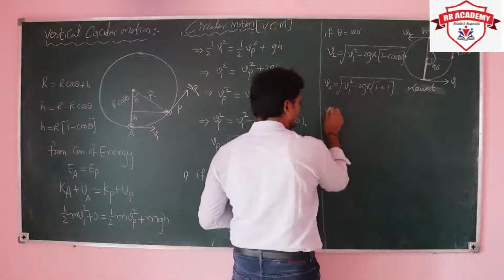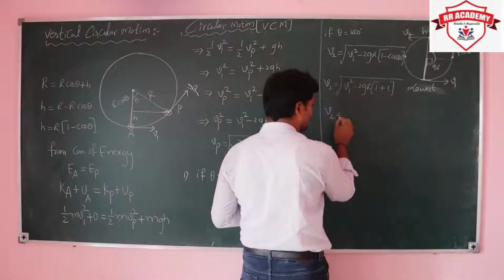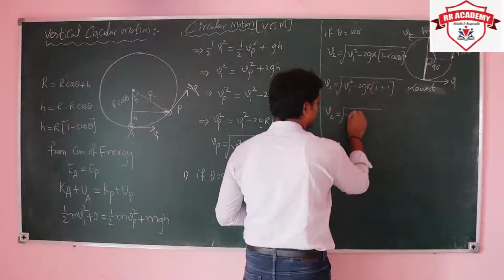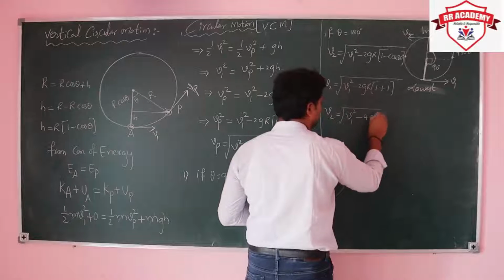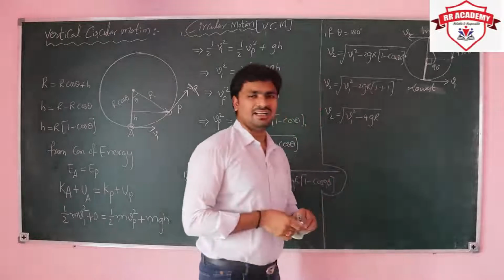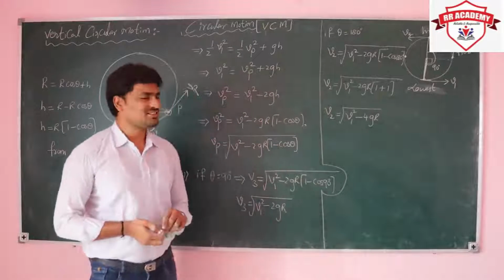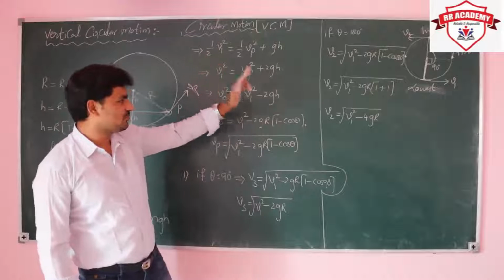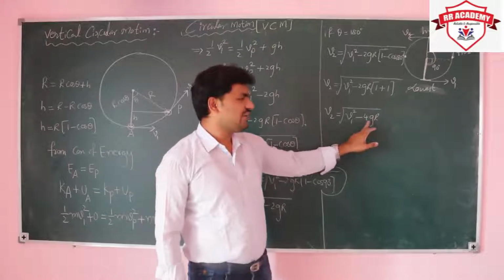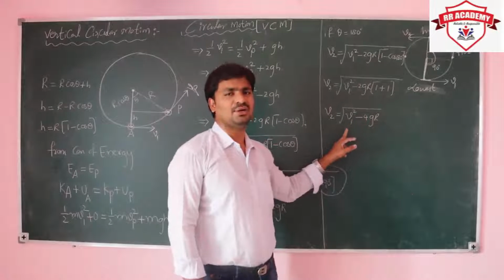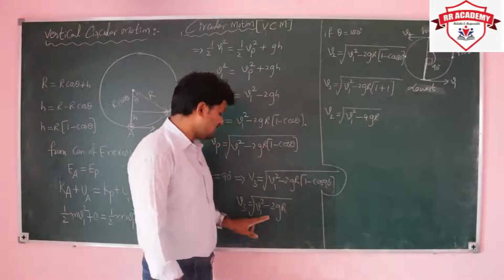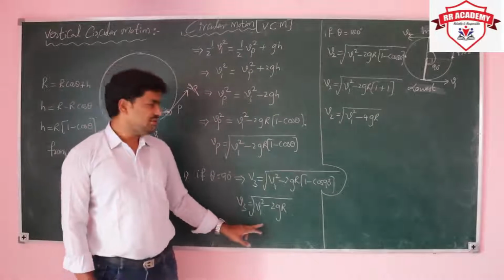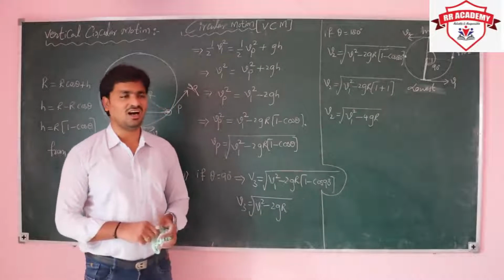So the velocity at the highest point is under root v1 square minus 4gr. Velocity at the lowest point is v1. Velocity at the horizontal position is under root v1 square minus 2gr.